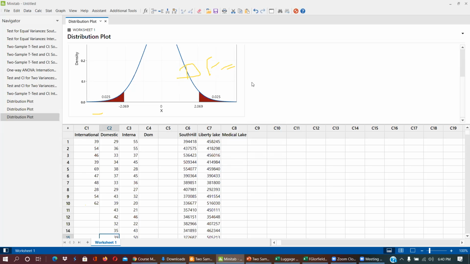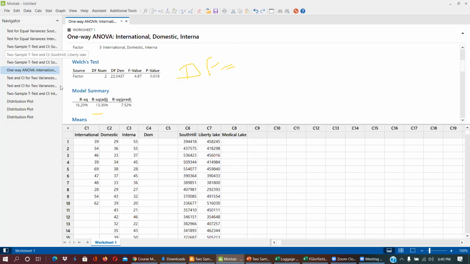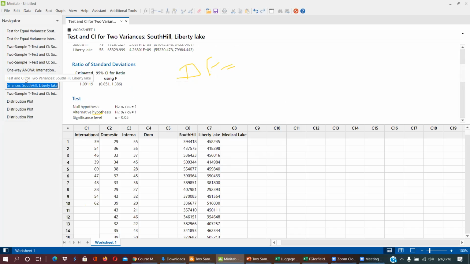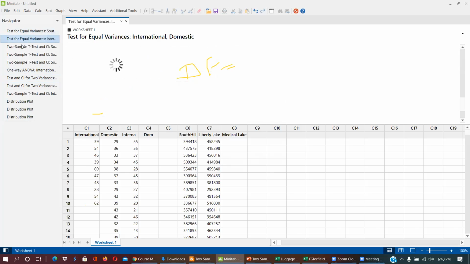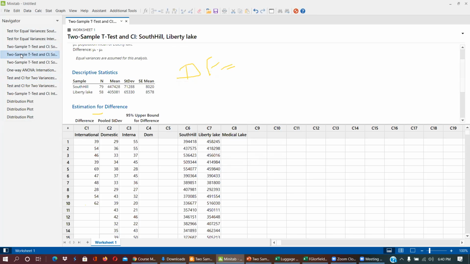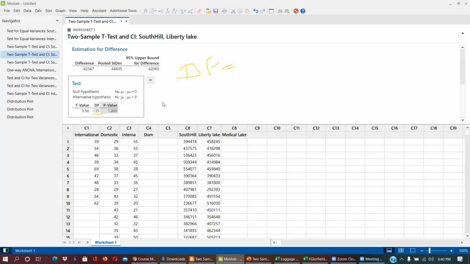All the test statistics, for example, our this one. So the test statistic depends on the distribution, not on the data, right? That's the value we compare to. So for example, let's say this is the test value. Just look into this.